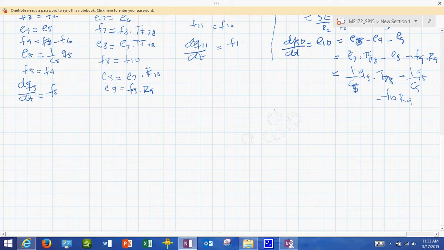Okay, let's finish writing the dP sub 10 dt. I'm just doing substitutions, right? 1 over C sub 5 Q sub 5 TF 7, 8 minus 1 over C sub 5 Q sub 5, minus F10. F10 is 1 over I sub 10 P sub 10 and then times R9. Let's just do it right.